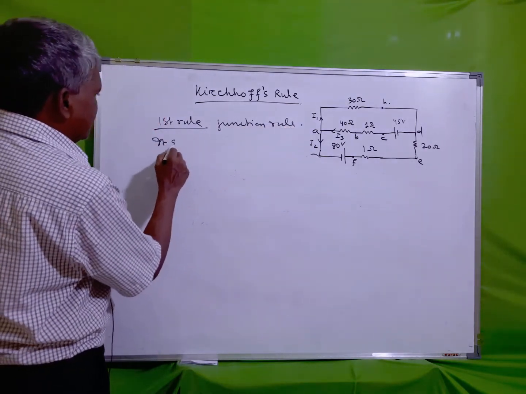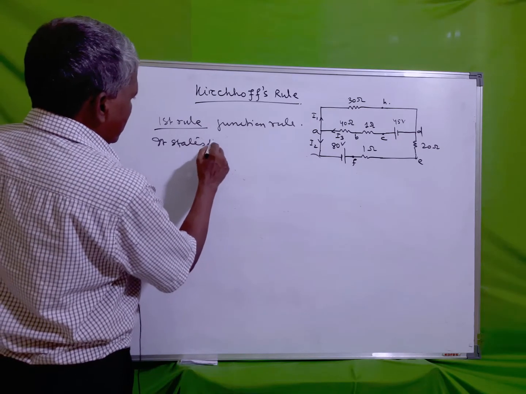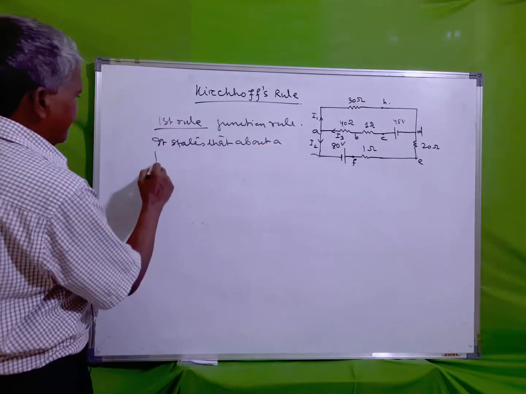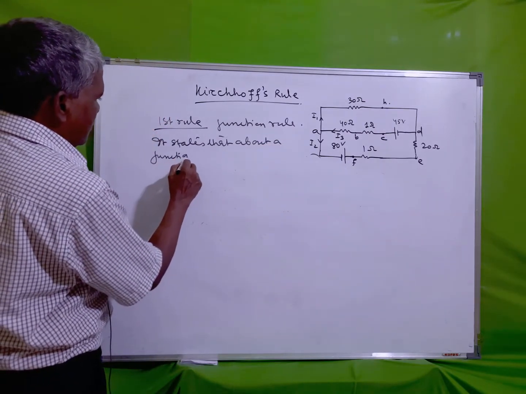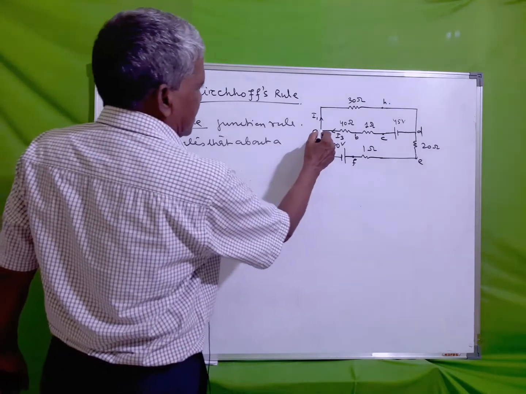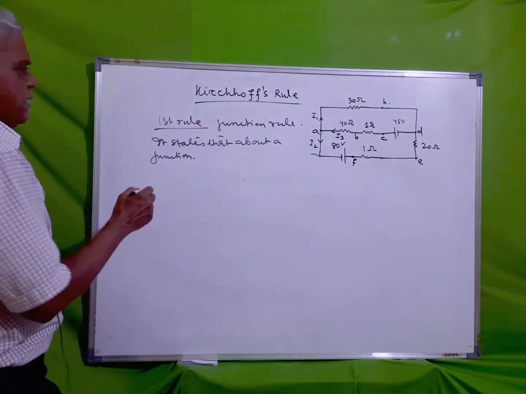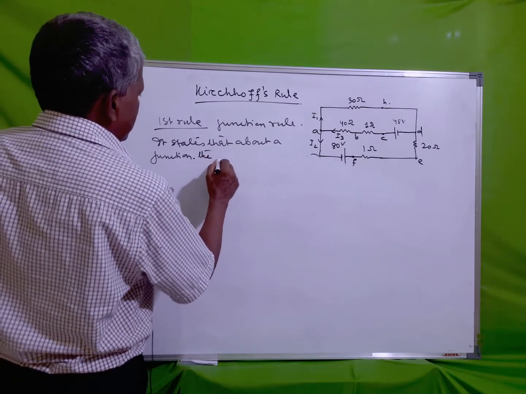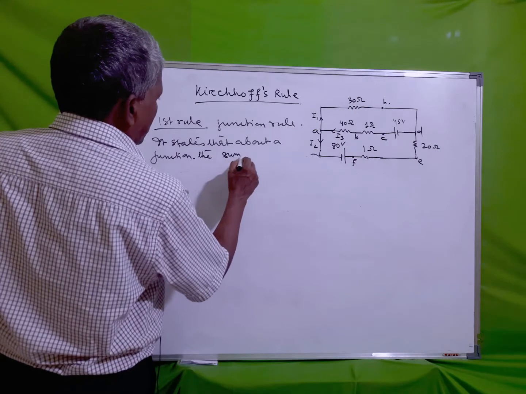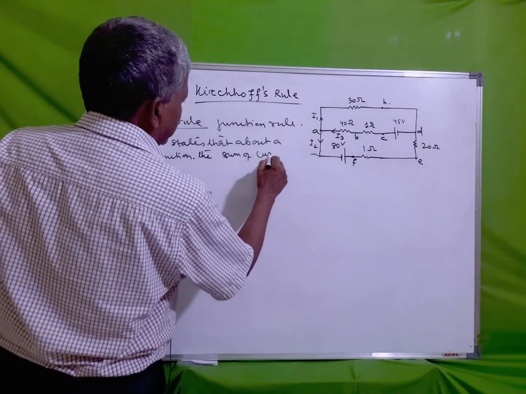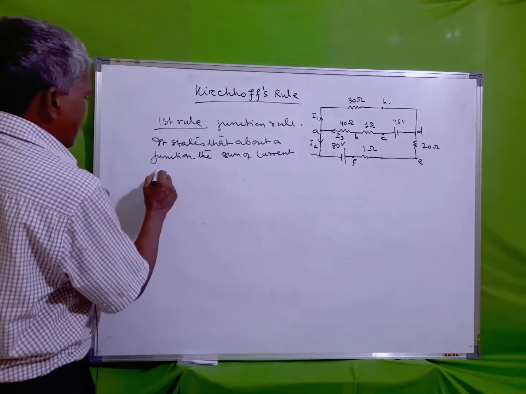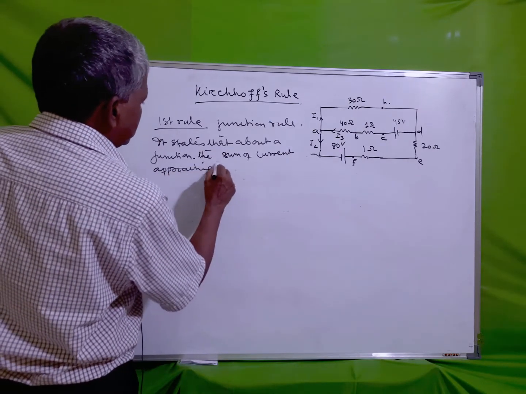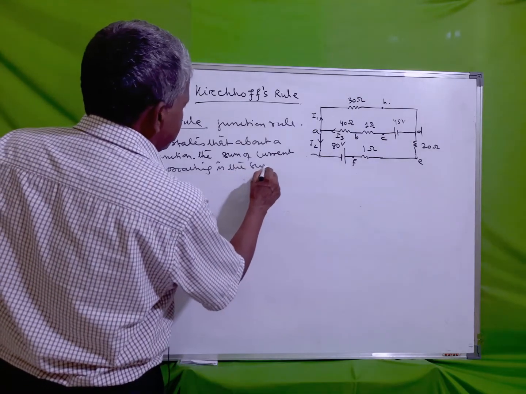It states that about a junction, as in the figure, A is a junction, D is a junction, the sum of current approaching is the sum of current leaving.